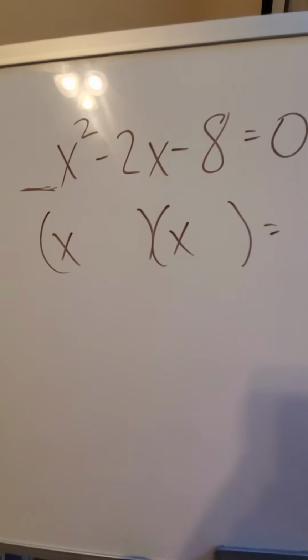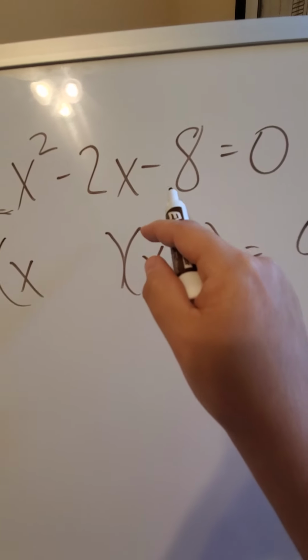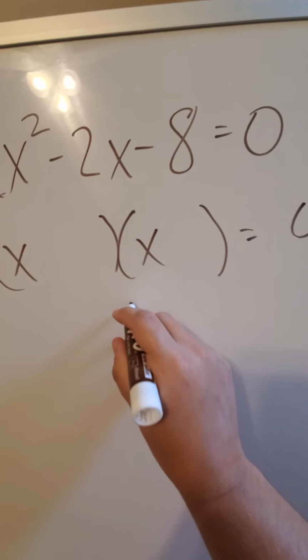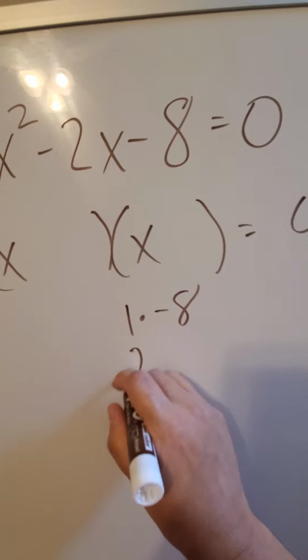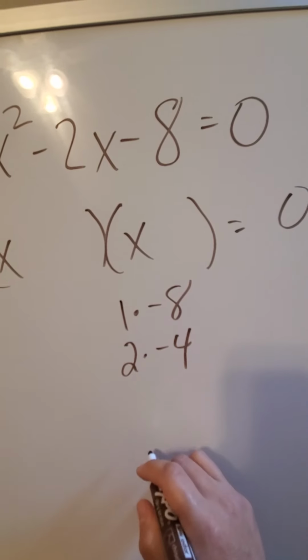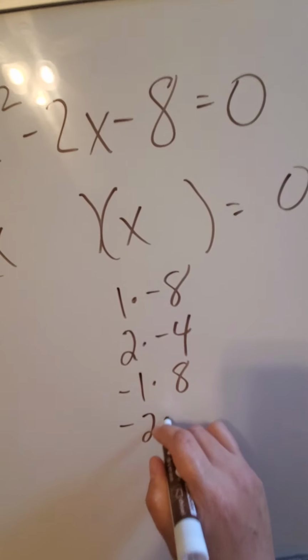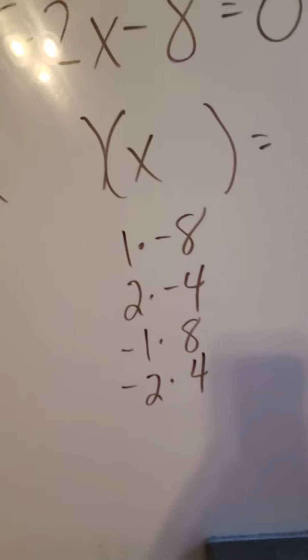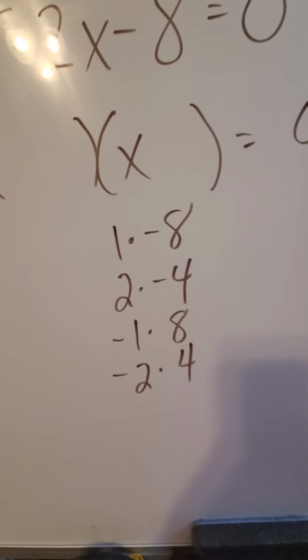All you have to do on these is say, okay, what's going to multiply to give me negative 8? Okay, so I could have 1 times negative 8, couldn't I? Or I could have 2 times negative 4, or I could have negative 1 times 8, or I could have negative 2 times 4. Does that make sense? All of those will give me negative 8, okay?